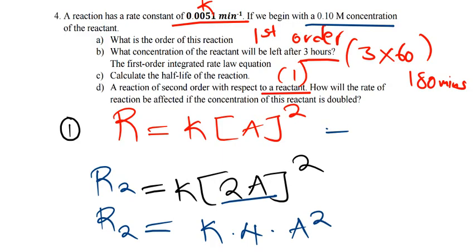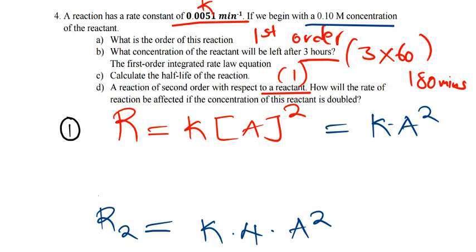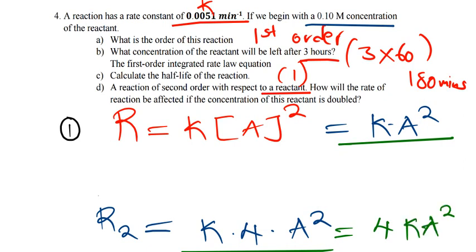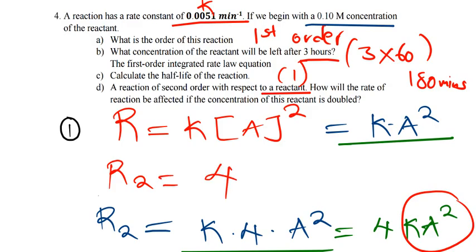Now the first one is just k A squared, right? So if you compare them, the second one is 4 times the first one. In other terms, as a smart student, you know this part is equal to R1, so you can just write it as 4 times R1, where R1 is k A squared.